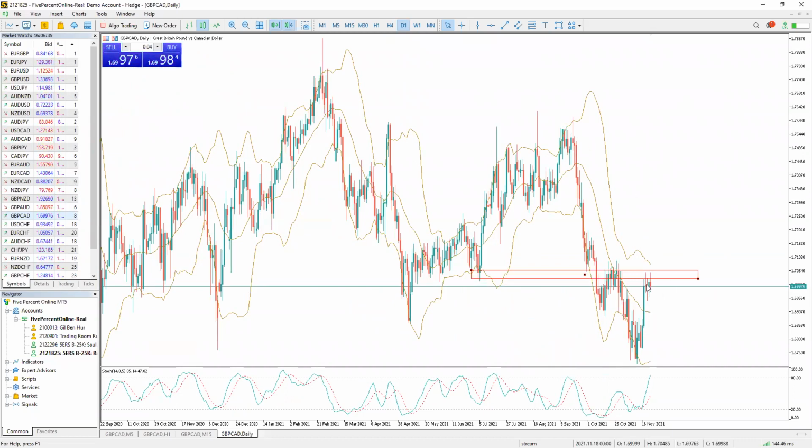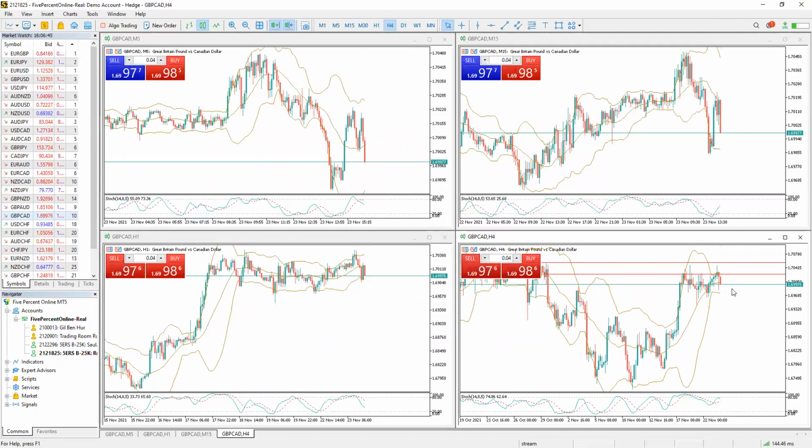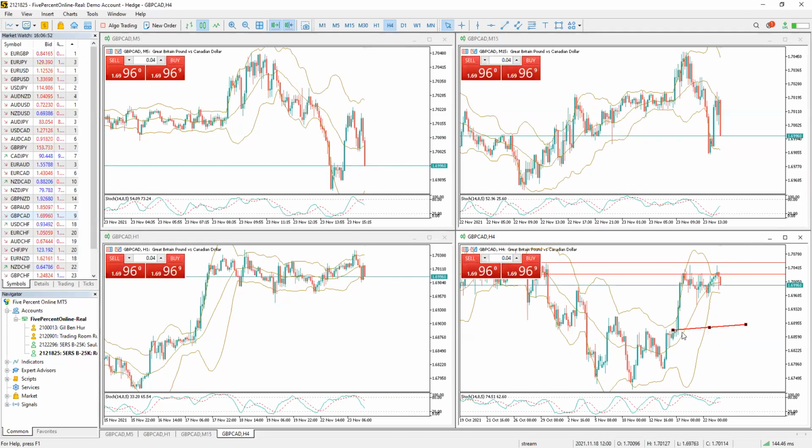Opening a sell position even today at the opening, or even when the market pushed higher on the H4, would not be bad at all. There is a high potential to reach all this demand, the market break here, or even to reach the lowest point.